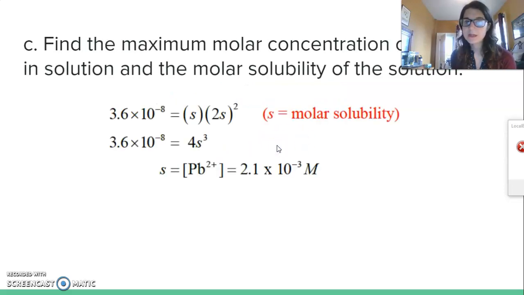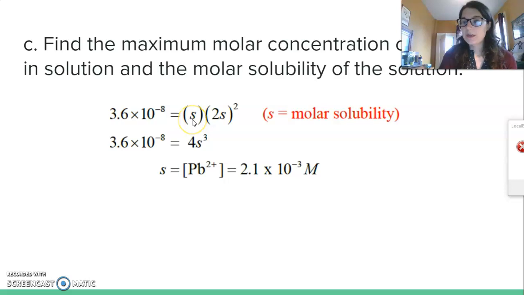For part C, we need to find the maximum molar concentration of ions in the solution and the molar solubility of the solution. So we are going to notate molar solubility as S. Here we have the Ksp value that was given in the problem, 3.6 times 10 to the negative 8.